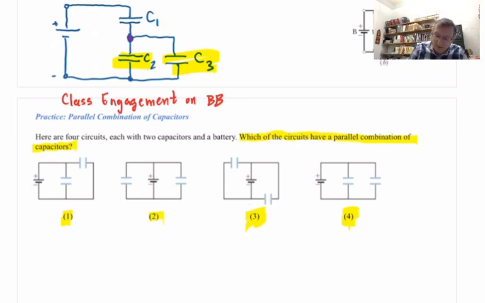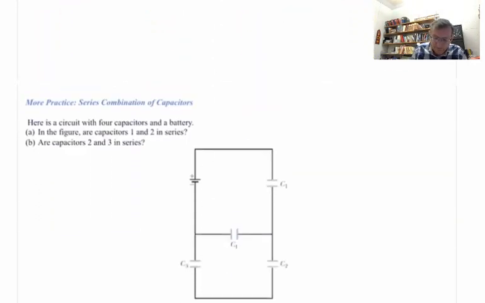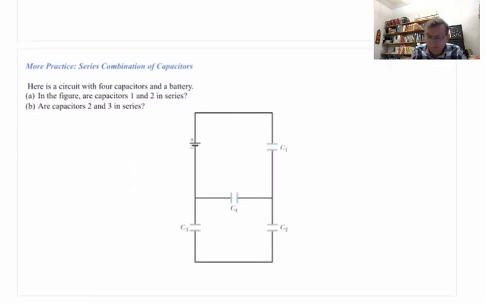And because this is worth practicing, here's another one. Okay? To practice with, also for that same class engagement. Well, we've got our battery, okay? And now we have 4 capacitors, and you can see them labeled there, C1, C2, C3, C4. 2 little questions.